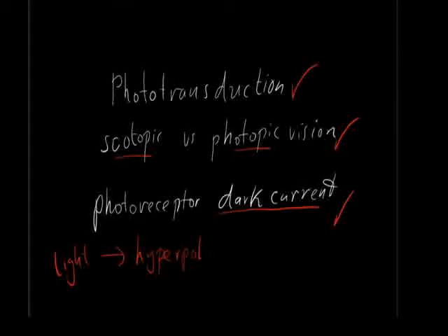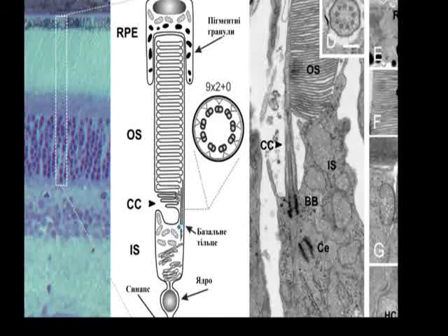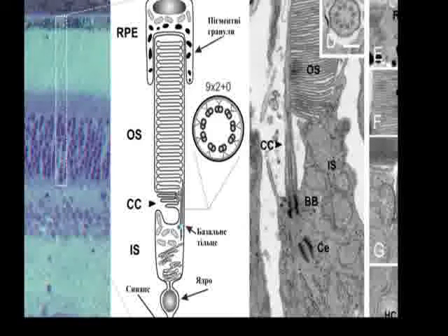So the first thing we're going to look at then is the overall design of the retina. It's quite striking that if you look at the retina, you can actually see these different layers as you take a section of the retina. It doesn't matter about the details of these for the moment, because what I'm going to do now is to simplify that representation for you so that you'll understand the circuitry rather than the anatomy.